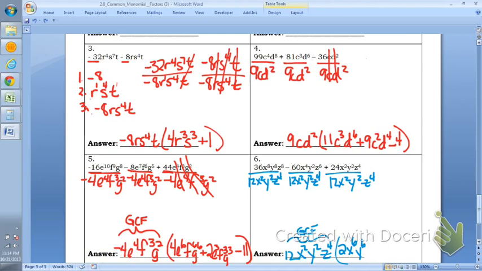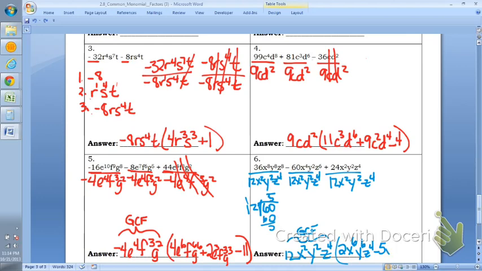Z to the 8th over z to the 4th is z to the 4th. You have a negative 60 over a positive 12, so that equals a negative. Had to remind myself how many times 12 went into 60 again. If I still had my factor pairs up, I could have seen that it was 5 times.